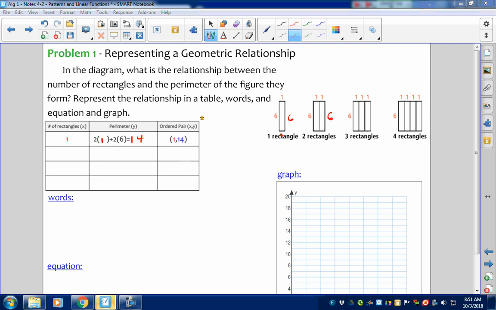The width is 2 by 2, and so we end up with 2 rectangles, which gives us the equation 2 times 2, this was 2 times 1. 2 times 2 is 4, plus 12 is 16, so that gives us an ordered pair of 2, 16. So the perimeter is the y, and the number of rectangles involved in the shape is the x.